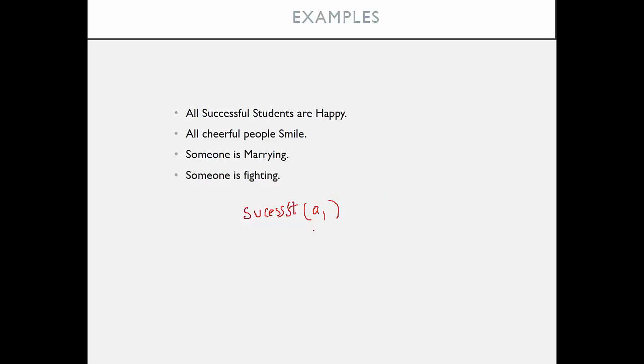Let's represent A1 is happy like this. So according to this statement, all successful students are happy. How would we represent this? For all x, x is a successful student, therefore x is happy.